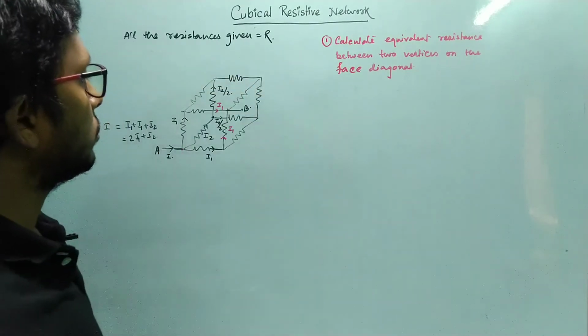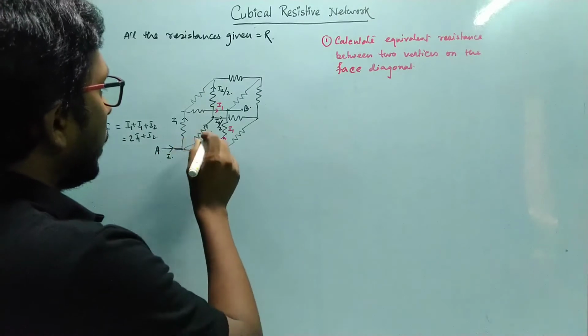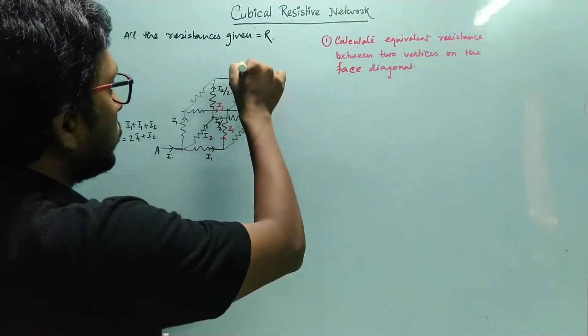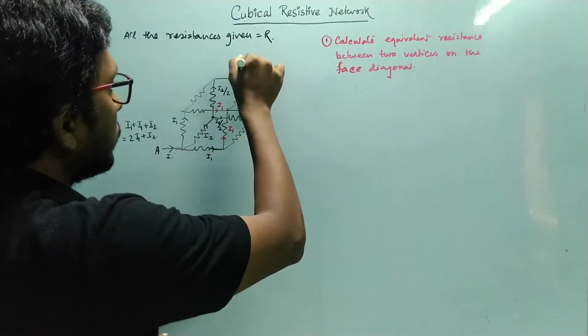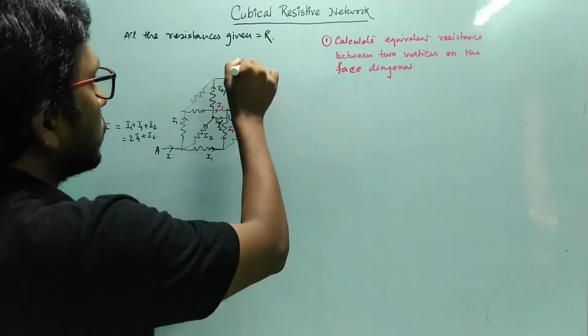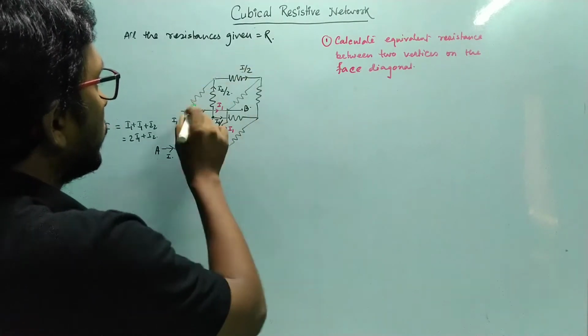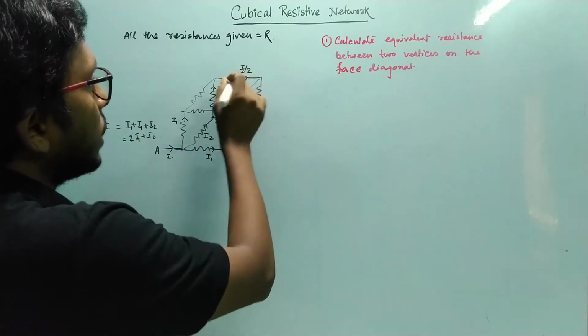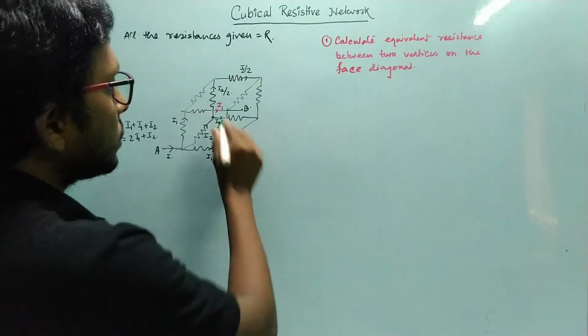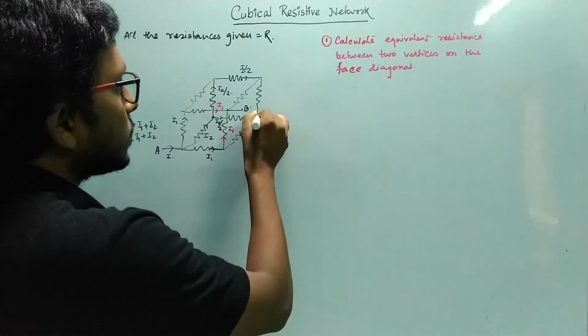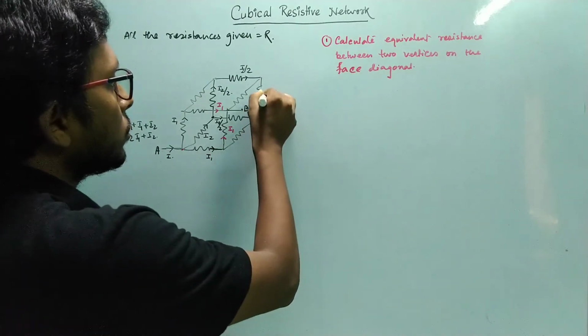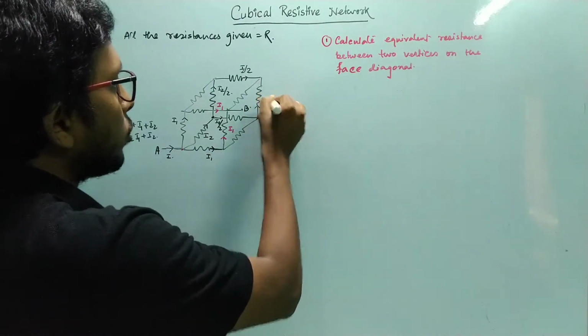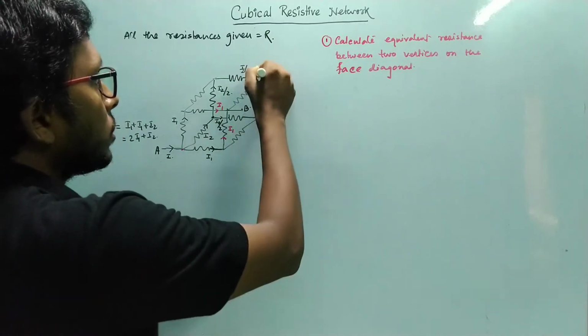I2 by 2, and this I2 by 2 will pass through this resistor because no current is passing through this resistor, so this resistor will pass I2 by 2 amount of current. Similarly, no current is passing through this segment, so I2 by 2 amount of current will be passing through this segment.